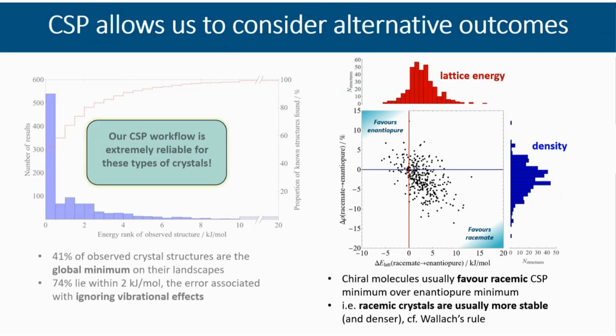And we can use this data to help us rationalize certain empirical rules in crystal engineering. I won't spend too much time on this because I have some more things that I need to discuss. But there is a crystal engineering or crystallographic rule of thumb called Wallach's rule, which says that spontaneous chiral resolution is rare.